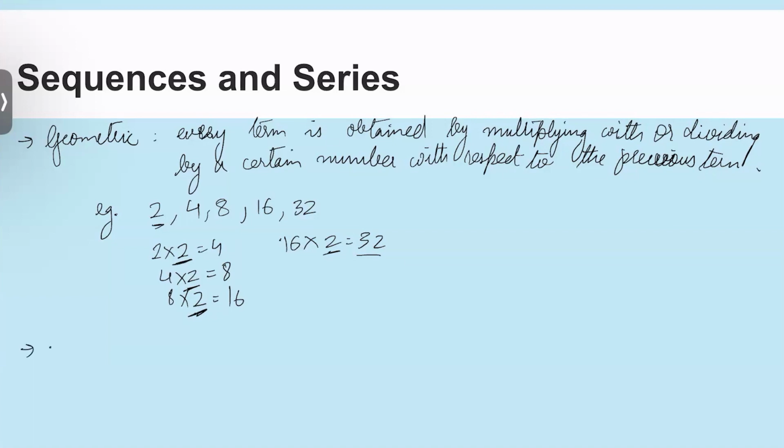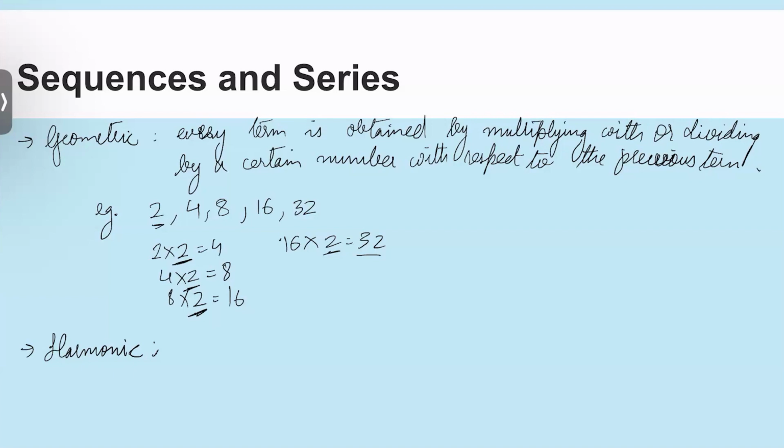Now the next one is the harmonic sequence. So as in the previous two, we saw that you either add or subtract for arithmetic sequences, and you multiply or divide by a number for geometric sequences.